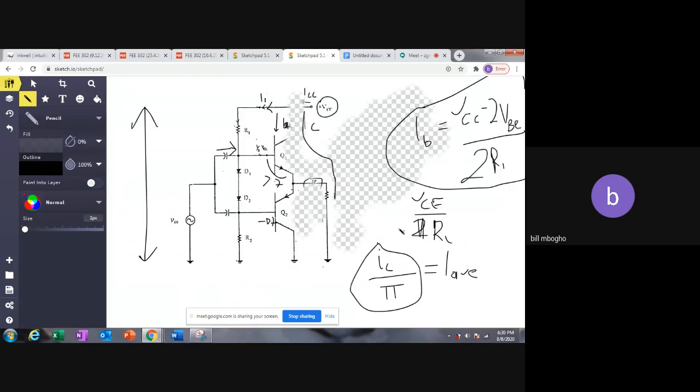So now we can get the input power, because if we have VCC and we have the current being drawn from the source, then we just multiply the two and we have input power. The next thing is the output power. We come to our graph.